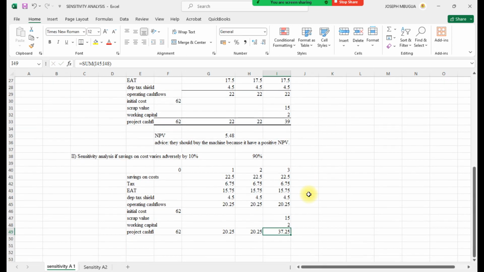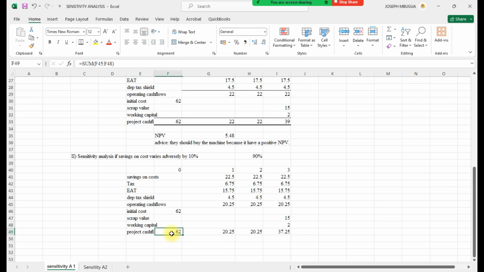The only value that we have changed is the savings, which we have adversely affected by 10%. We have been able to recover 90% of that, and that's why we shall have those as our new values.